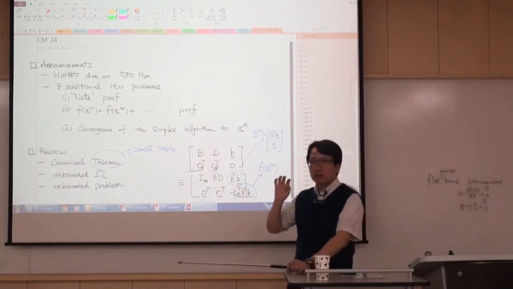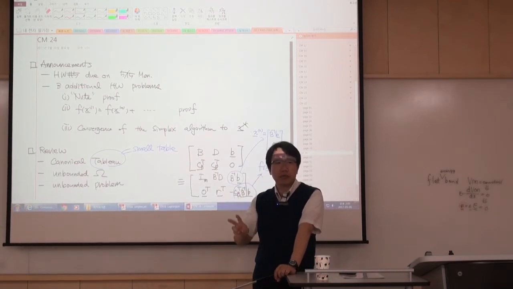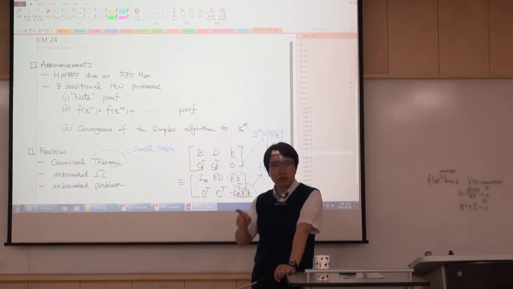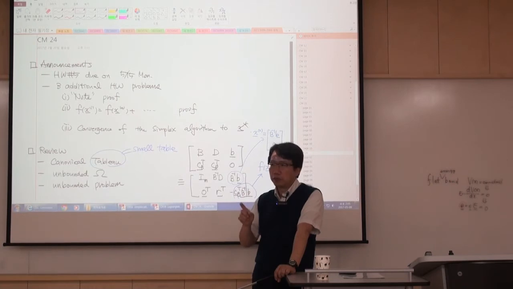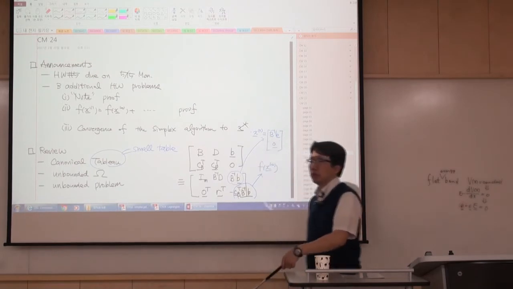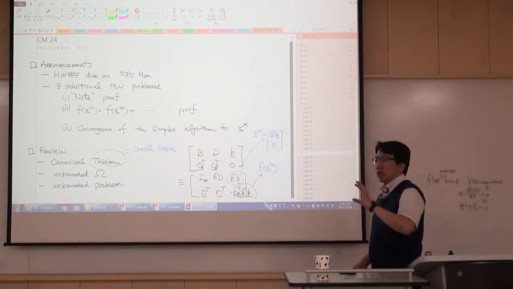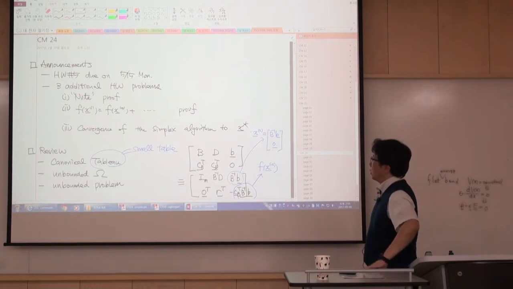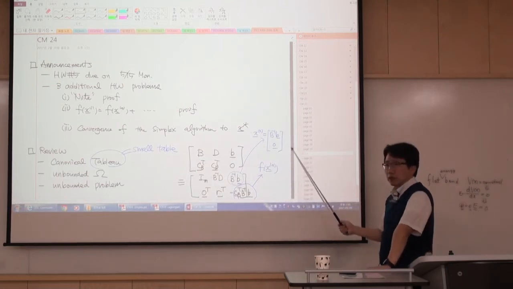I emphasize that the simplex algorithm is a two-phase algorithm. First, you solve an artificial problem by introducing artificial variables to find a basic feasible solution of our original problem. Suppose that the basic feasible solution is this one.